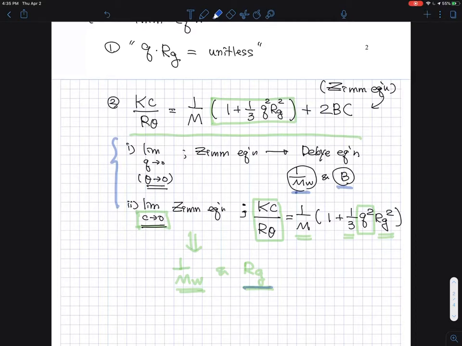But that is actually only in the limit of certain approximations. The polymer chain has to be large enough for us to calculate those RG values. But when the RG is very small, it's not easy to experimentally characterize the RG value of the polymer chain.